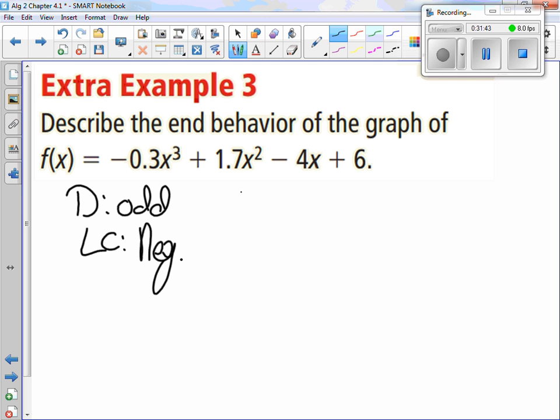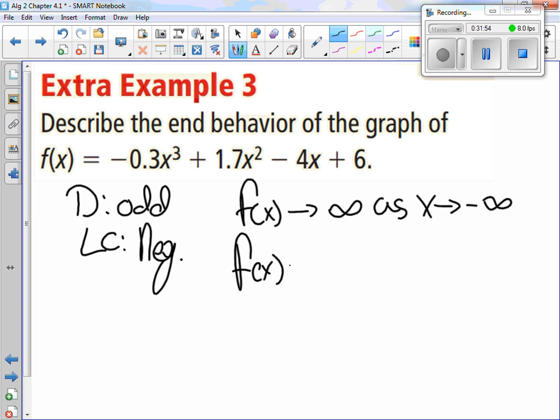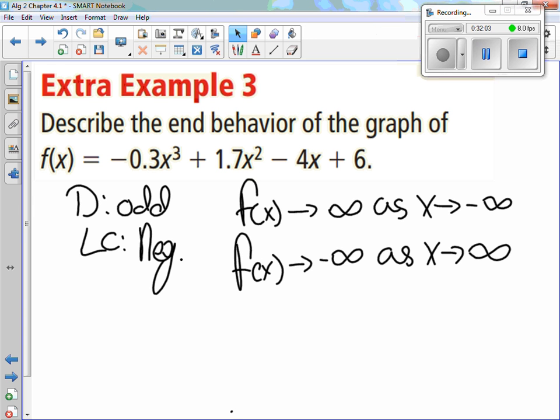An odd negative tells me f of x approaches infinity as x approaches negative infinity, and f of x approaches negative infinity as x approaches positive infinity. And that's it. It's saying what's going to happen eventually as the value of x that we plug in gets bigger and smaller, goes away from the origin. What's going to happen eventually to this function? And it's going to follow these patterns here.